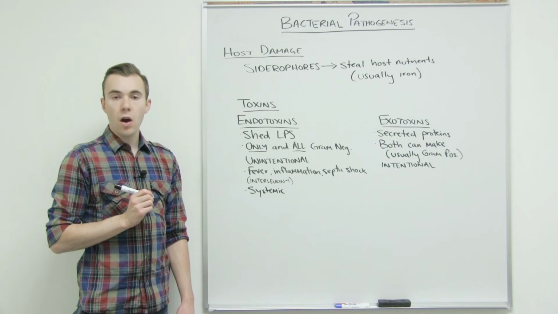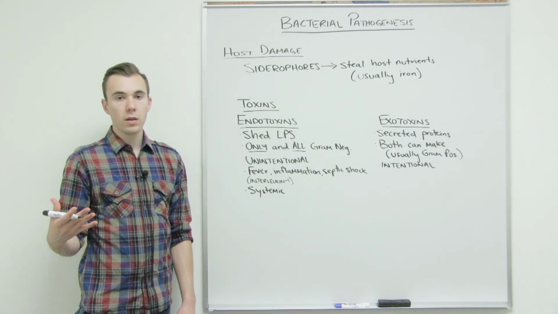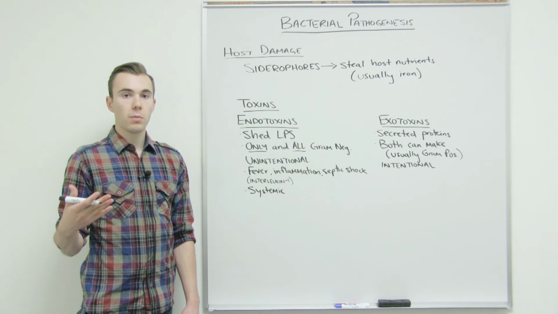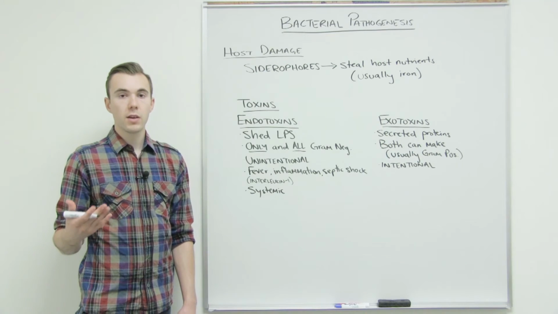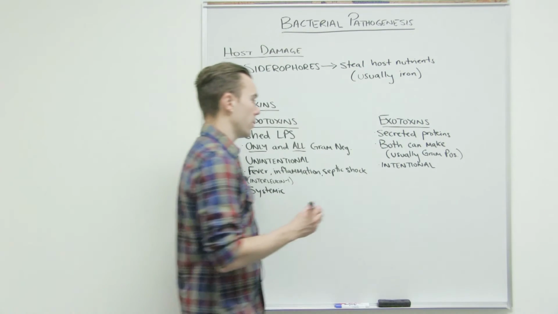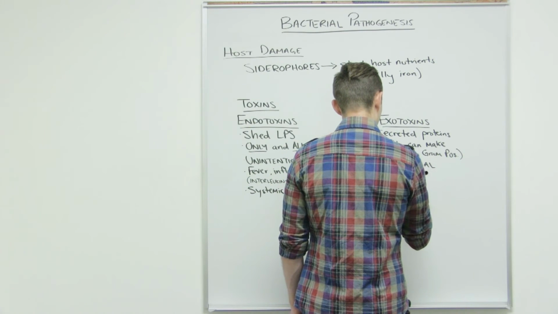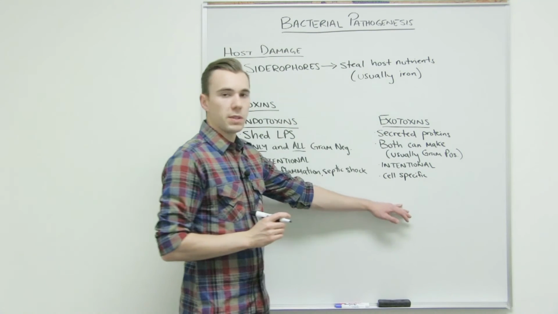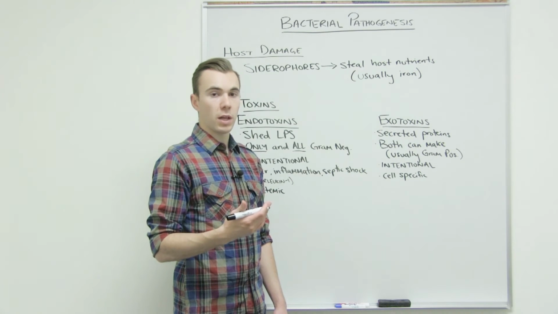Exotoxins are not all going to cause the same exact effect. For example, cholera produces an exotoxin that makes you have diarrhea, while botulism has an exotoxin that causes flaccid paralysis. So every exotoxin is going to be different and have a different effect on the body. So we're going to say they're cell-specific, but I'm also going to make mention that they usually target the plasma membrane.